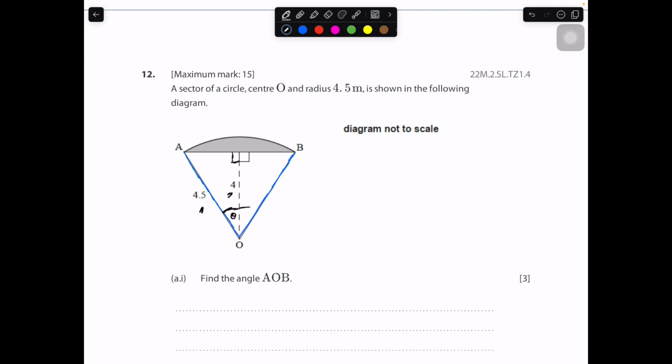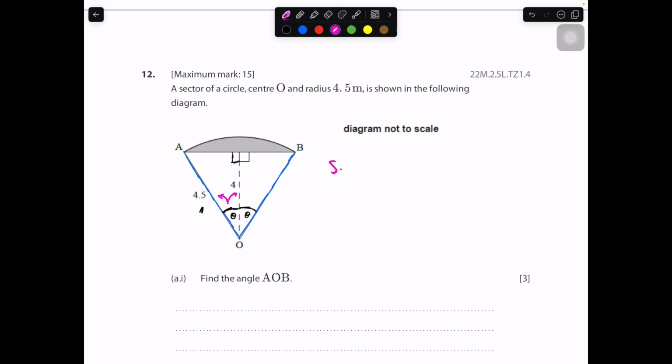And if we know that's theta, then this is theta, and we can just multiply it by 2. So, what do we have? We have an adjacent side length, and we also have the hypotenuse.